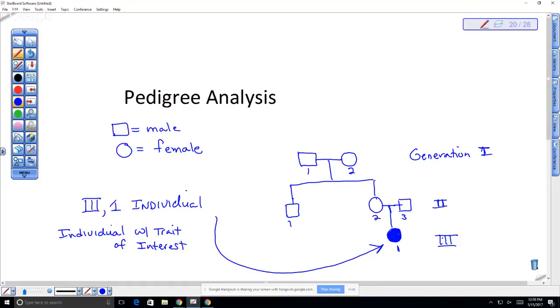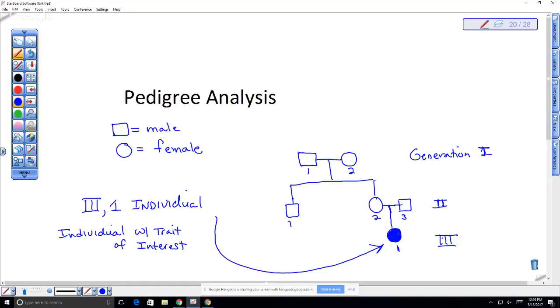Okay, so it could be a disease, or it could be like the ability to taste a chemical. We'll do that in lab today. Okay, it could be other things. It could be color blindness or something like that. Okay, so that is what a pedigree does.